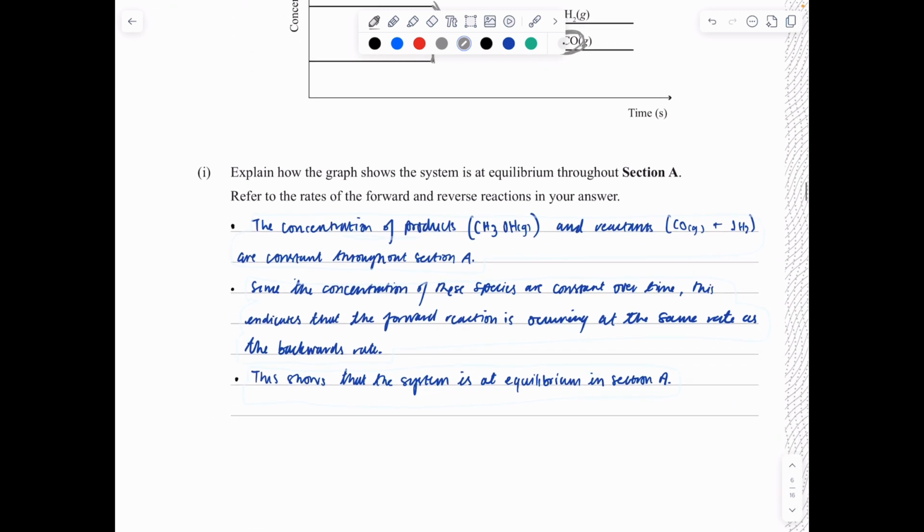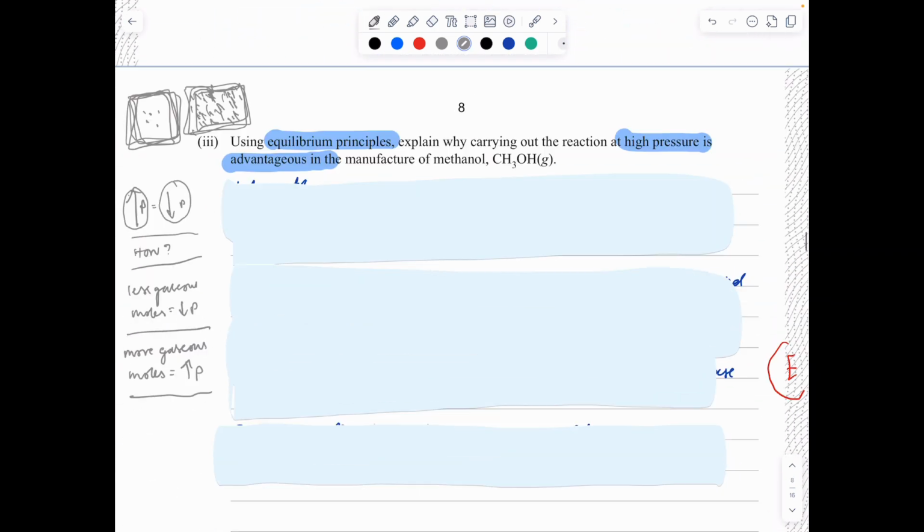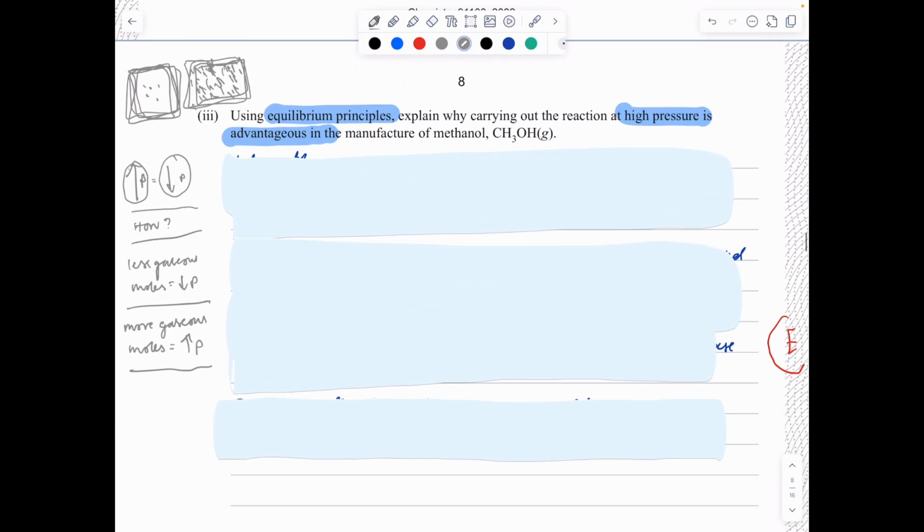And we want less pressure to counteract the increase in pressure. So, why is this advantageous to the manufacturer? Well, by increasing the pressure, the forward reaction is favoured, which means that we're driving the production of more methanol, which is what is advantageous to the manufacturer. So let's answer these 3 things.